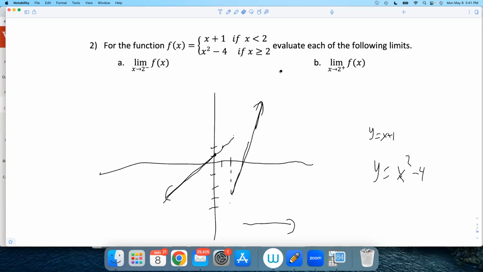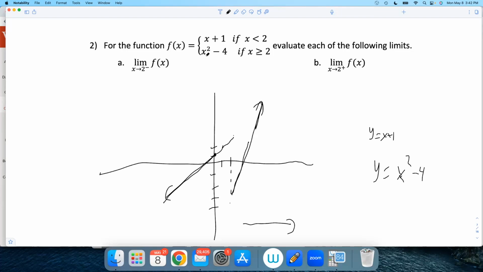Now we got to fill in our endpoints. Who gets the solid dot? The one with the equal to gets the solid dot. So we got to figure out what's the y value that goes with this. Well, if I plug in, oh, my graph was very poor, wasn't it? Looks like my graph was way wider than it should have been.